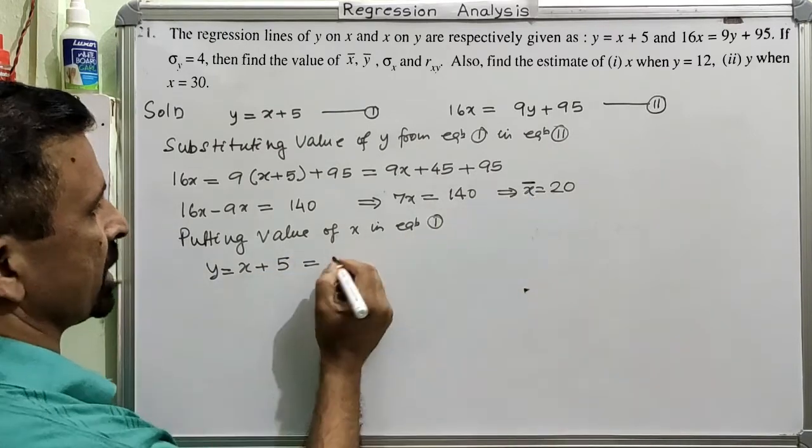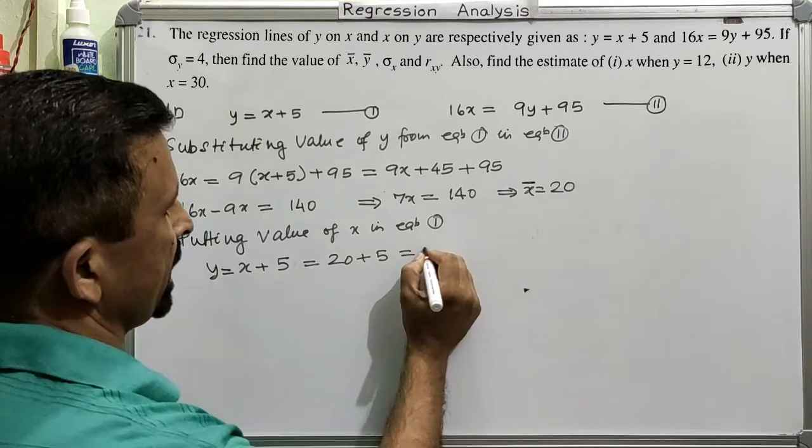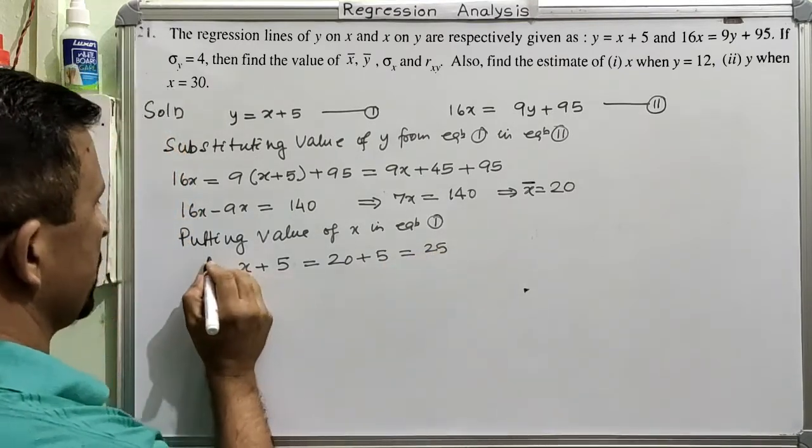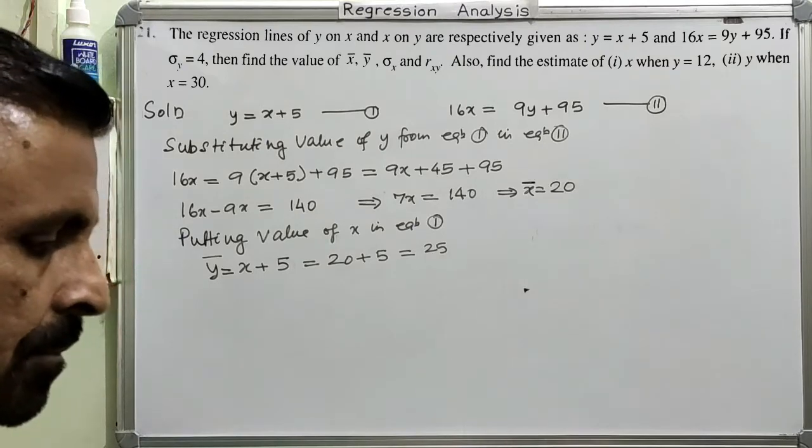And x is how much? 20. So 20 plus 5 is equal to 25. And this became your y mean. So two things are done.